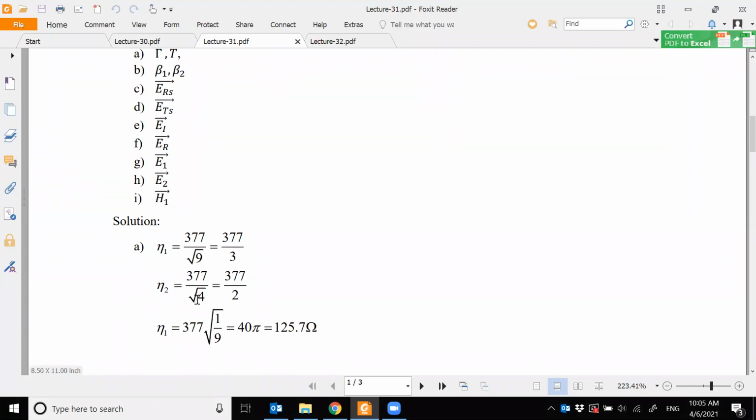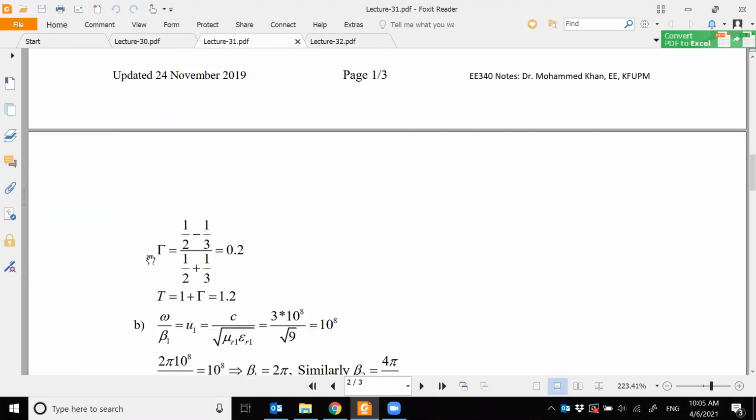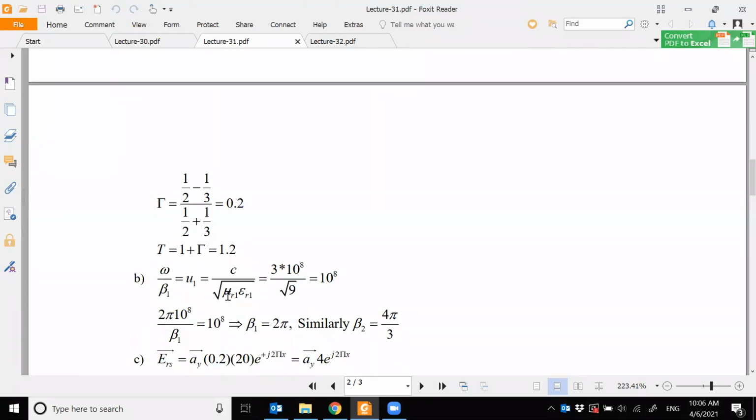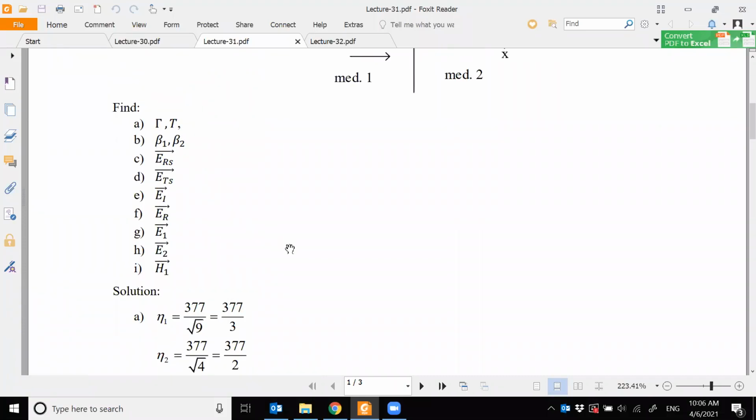Eta 2 is 377 root of mu r2 over epsilon r2, that's why you have root of 4. And therefore, you have the reflection coefficient as 0.2. And the transmission coefficient, I can calculate as 1 plus uppercase gamma, the reflection coefficient, which is 1.2.